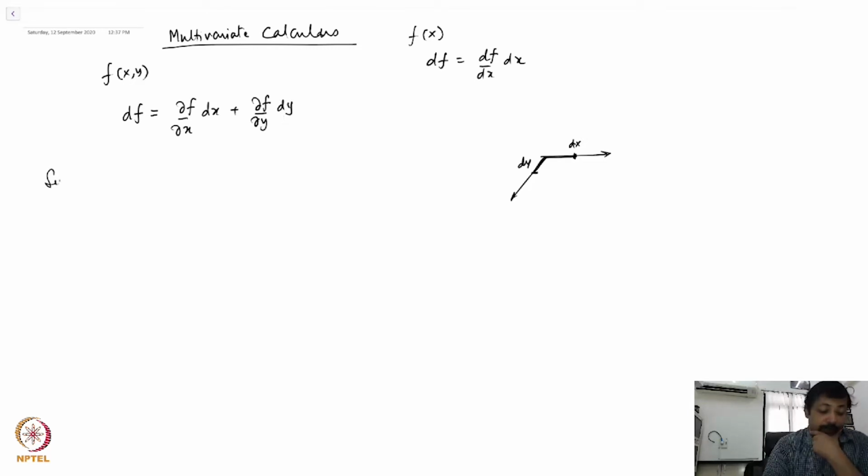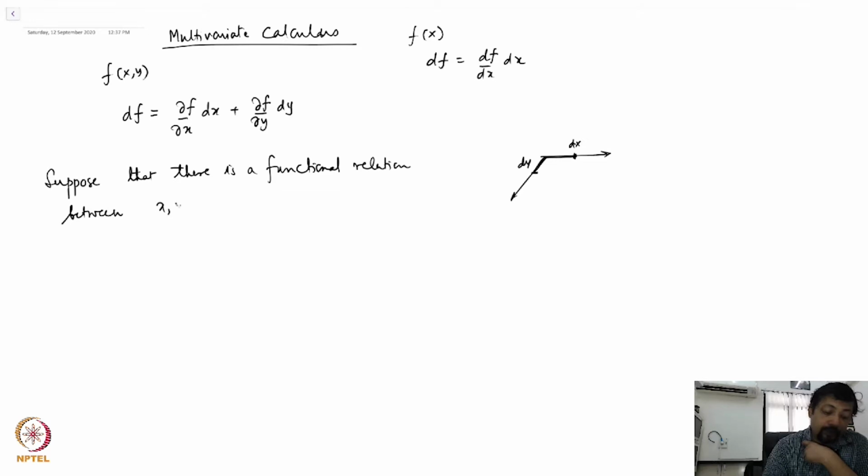Now suppose that there is a functional relation between three variables x, y, z, so that we can write f(x, y, z) equal to 0.